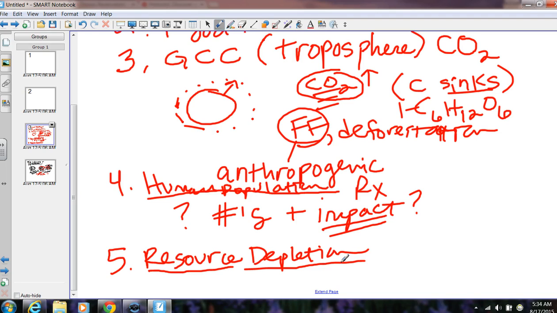Compare that to one that is developing. So maybe a country like Indonesia, or even parts of India that are still developing. So they're, I guess you could say, years behind us regarding economic growth. So that's what that is, resource depletion.